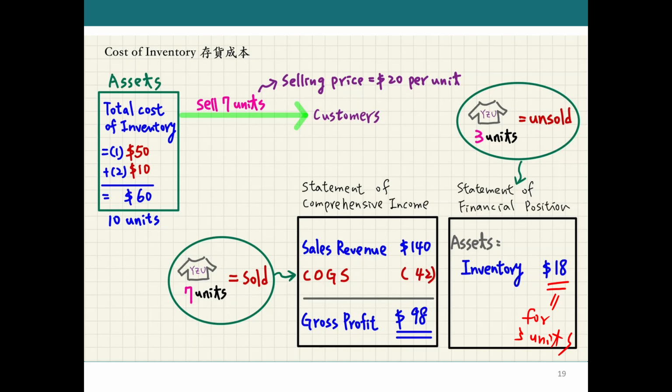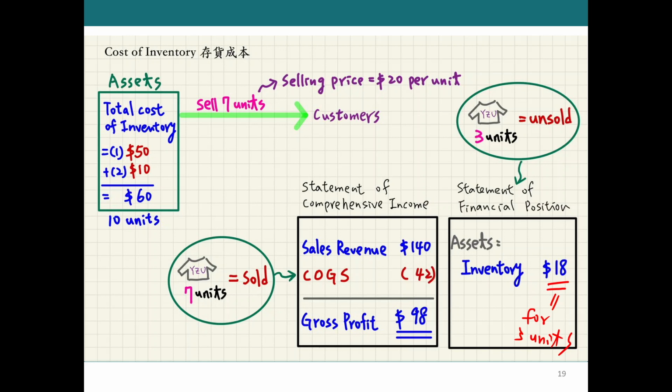So that's why I have sales revenues from customers, $140. So I get them 7 units. But for those 7 units, I just spent $42 before, but I could earn more money back. Okay?